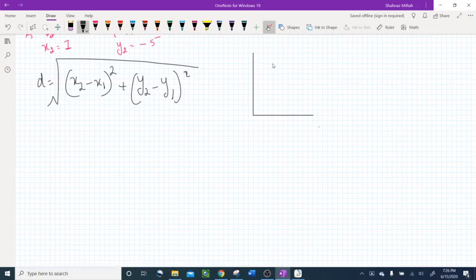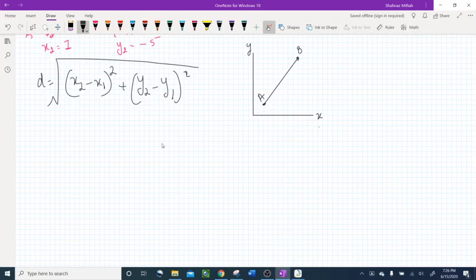This is my y-axis and this is my x-axis, and I have a line segment. I have a point right there and a point right there. This is point A, that's point B.